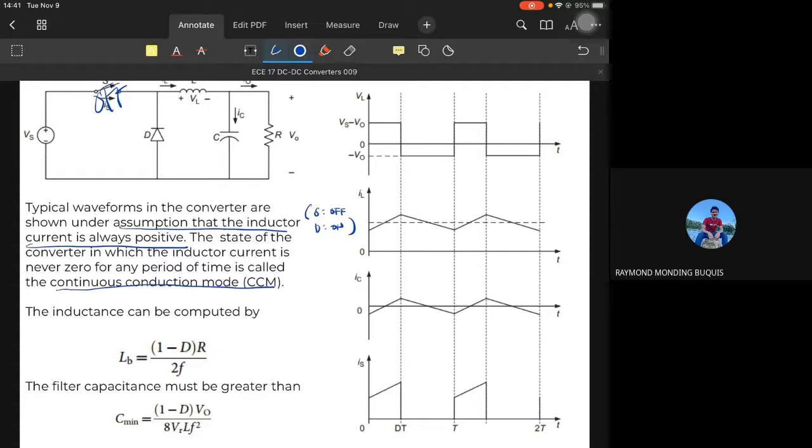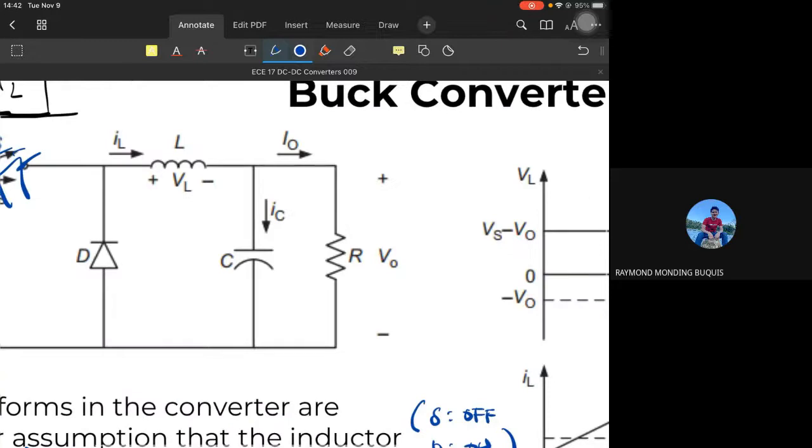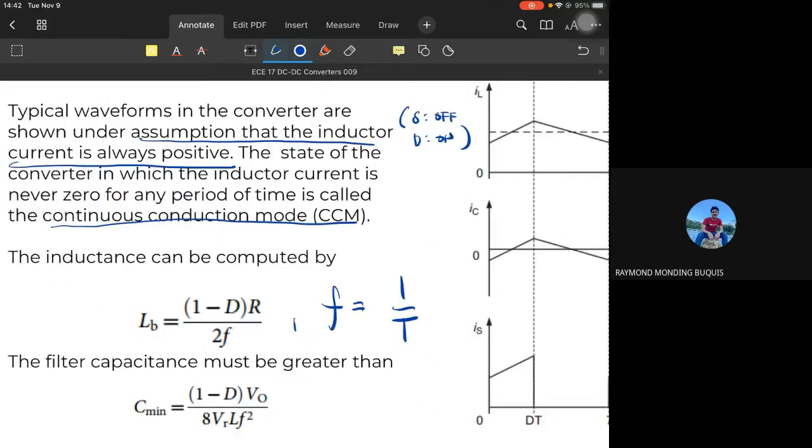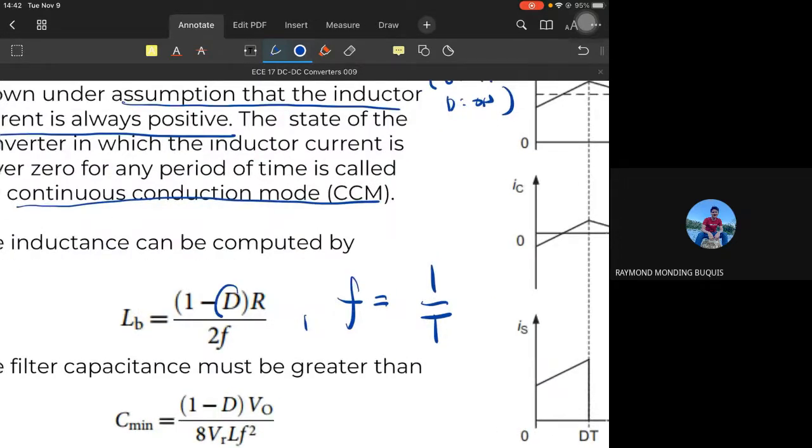So how do we choose values for our inductor and capacitor? These formulas can be used. The inductance can be computed by (1 minus D) times R divided by 2 times F, where F is equal to the reciprocal of the period. The voltage drop across the inductor depends on inductance, and the inductance depends on the duty cycle.